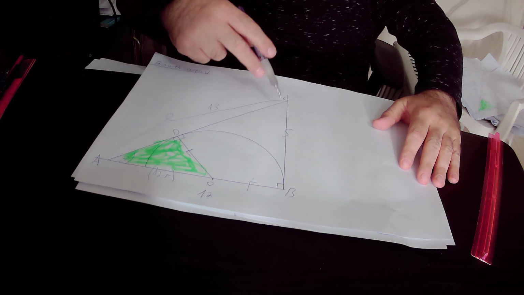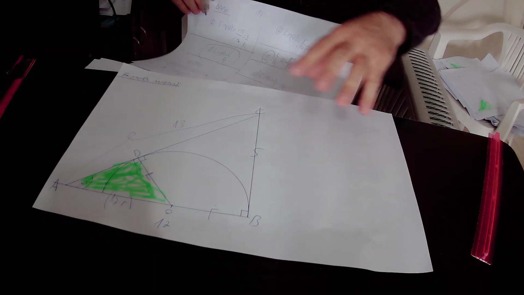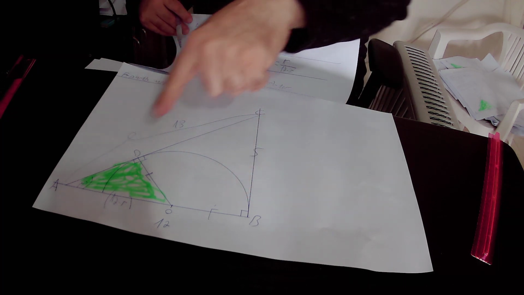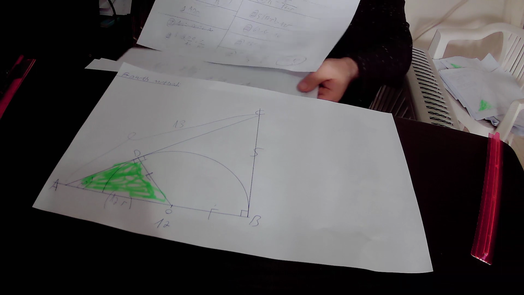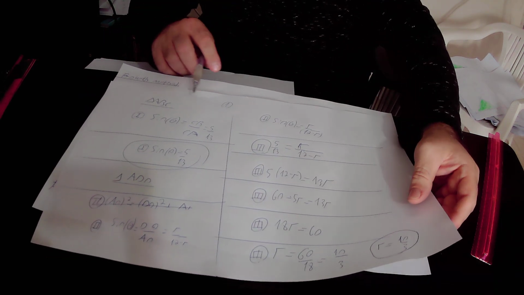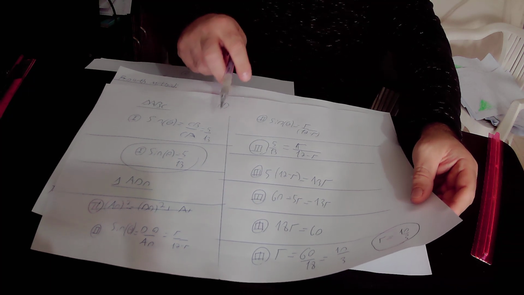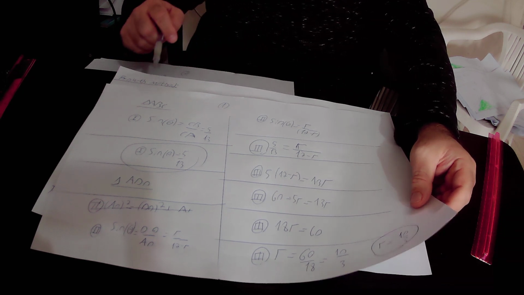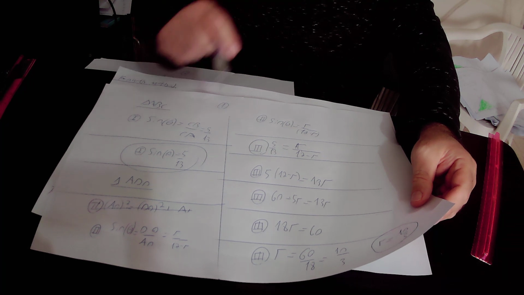We focused on triangle ABC, the big right triangle, where sine theta equals CB over CA. CB equals 5 units, and CA is the hypotenuse of triangle ABC, which equals 13 units. So according to equation number 1, sine theta equals 5 over 13.